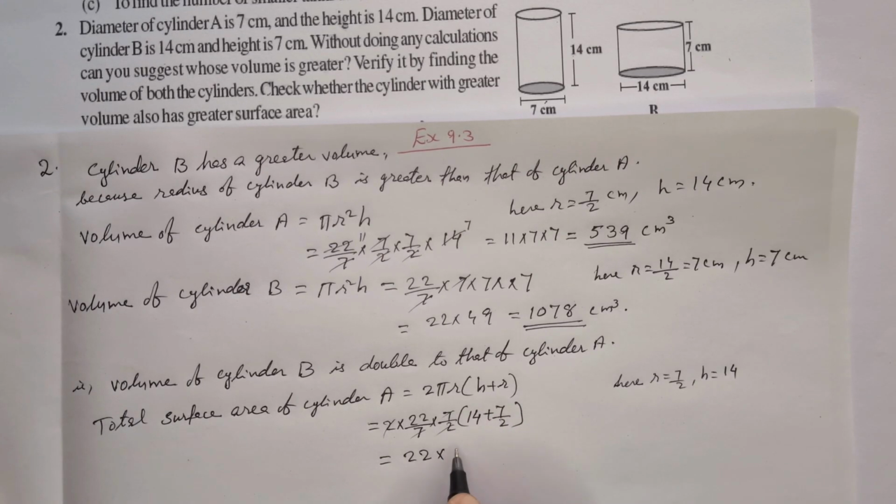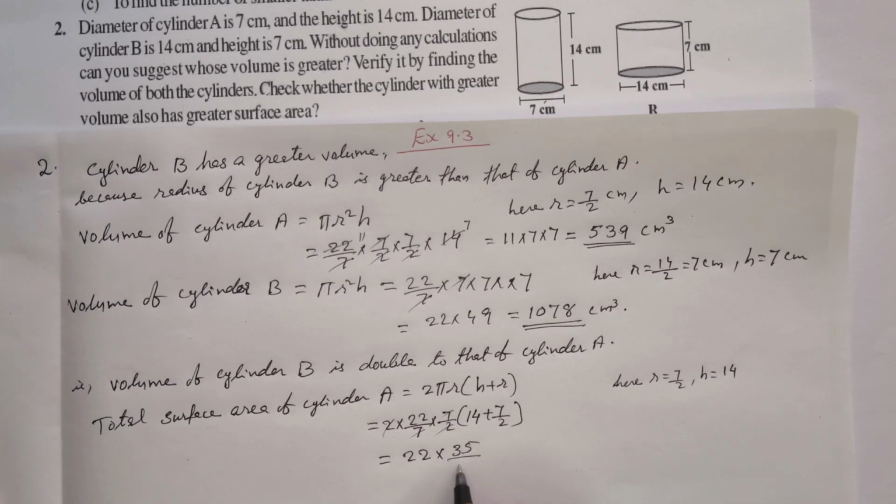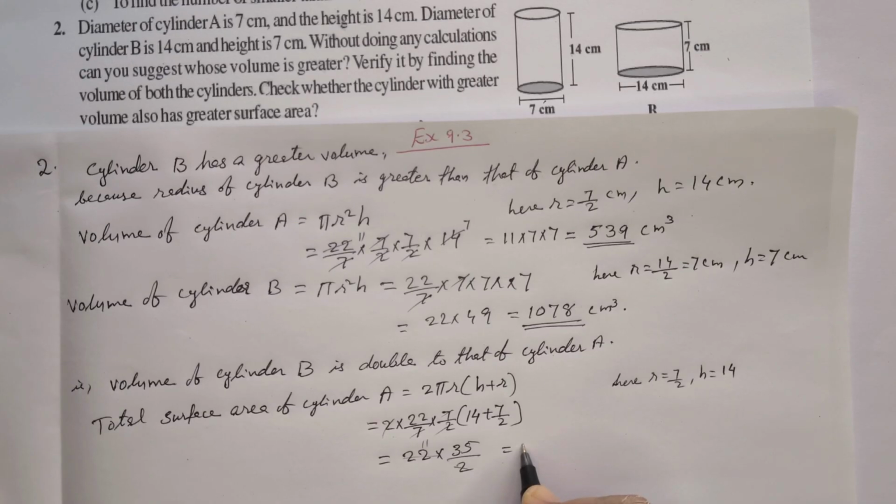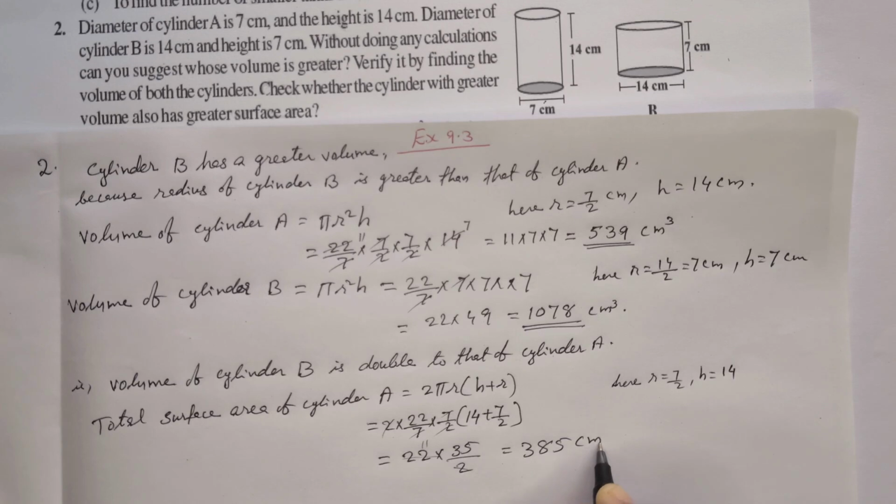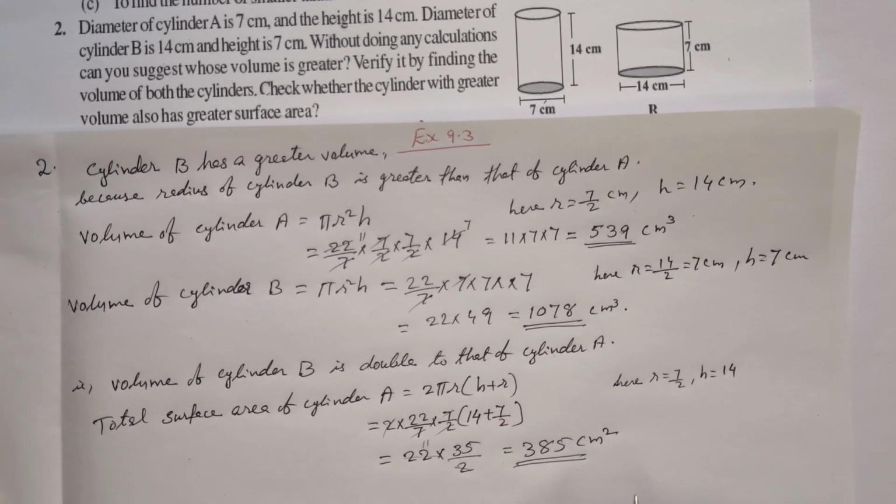So 35 by 2. Here we can divide by 2, 11 times 35, which is equal to 385 centimeter square. That is the total surface area of cylinder A.